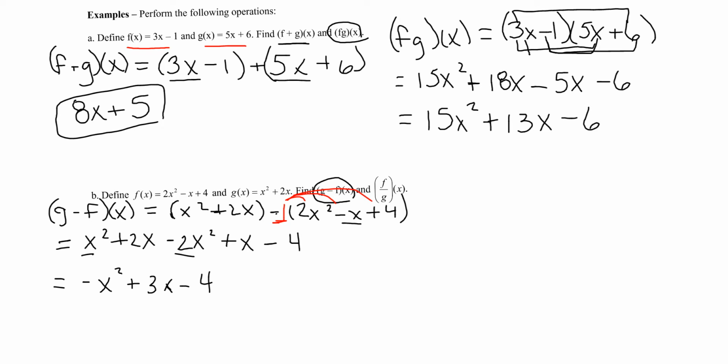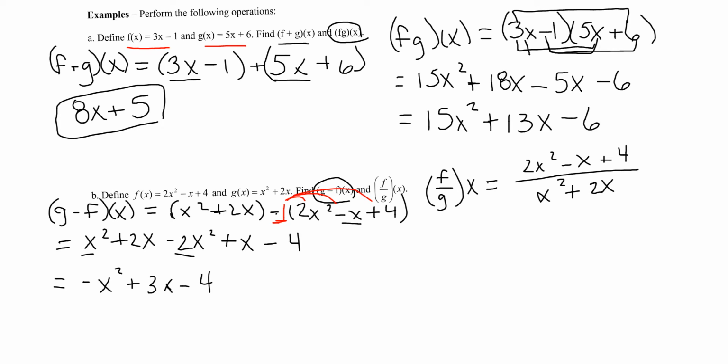Our last operation that we're going to do here on this slide is f divided by g of x. So for f divided by g of x, f will go on top, so we'll have 2x squared minus x plus 4 over x squared plus 2x.